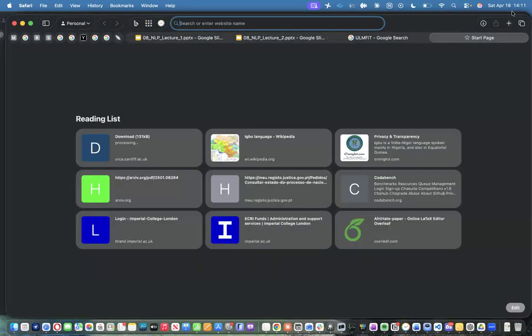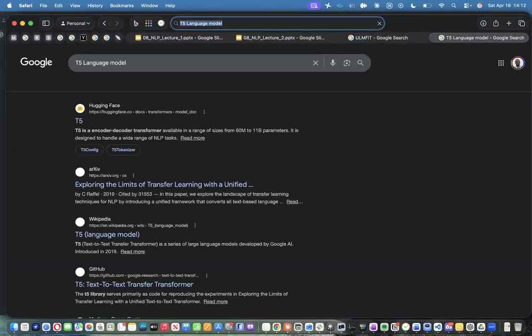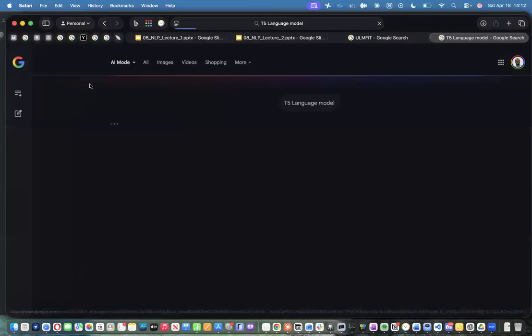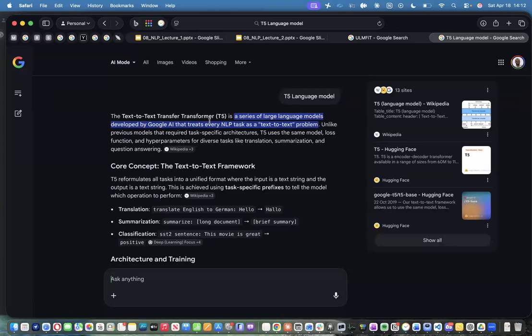So what is T5? If you look at the T5 language model, you can see it's the Text-to-Text Transfer Transformer, called T5. It's a series of language models developed by Google.